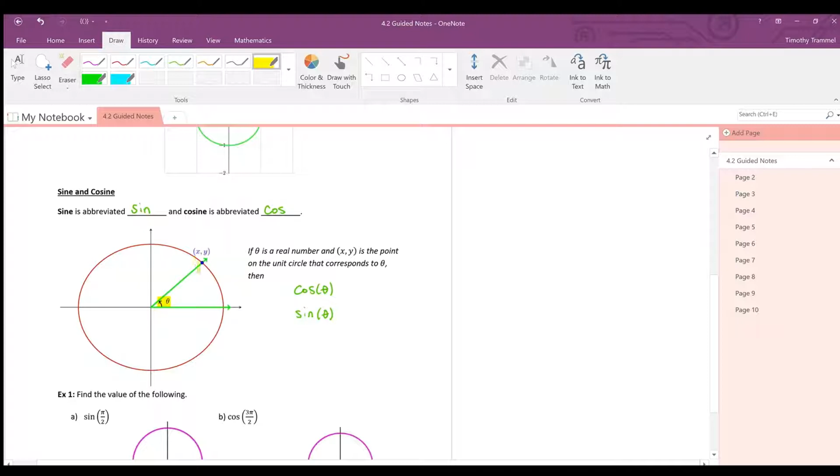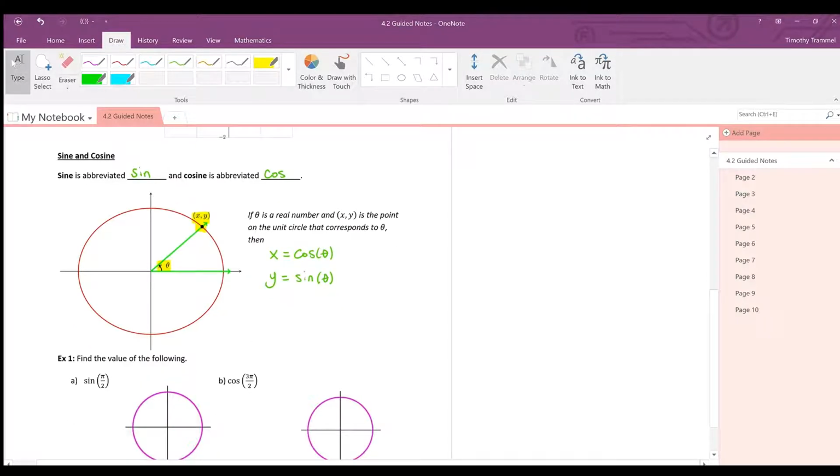And where the terminal side intersects with the unit circle is going to give us what cosine theta and sine theta are equal to. Cosine theta we define to be the x-coordinate at that intersection, and sine theta is defined to be the y-coordinate of that intersection.